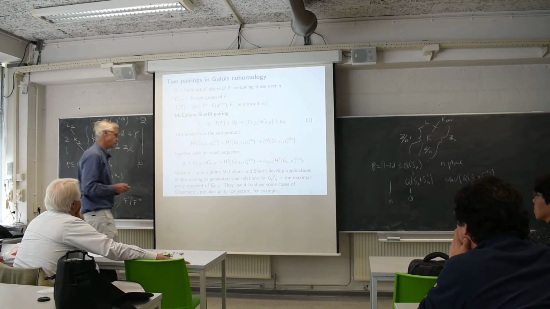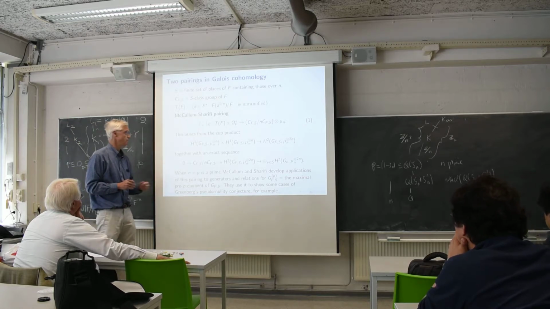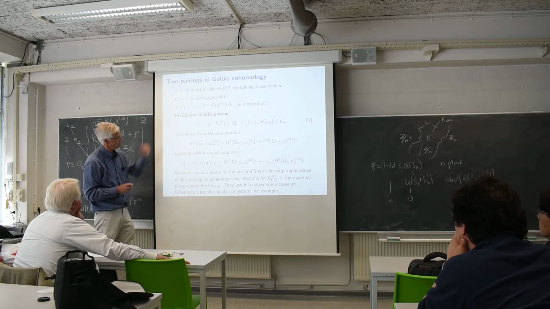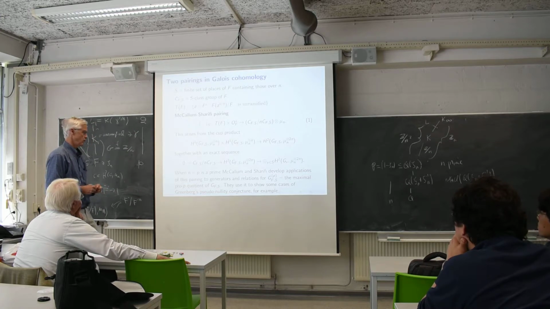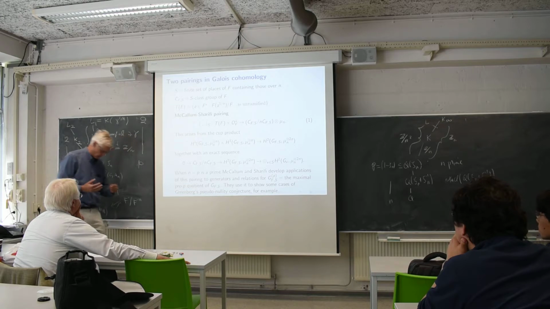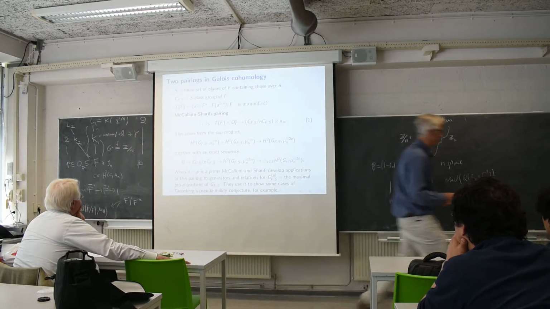Okay, so what are some consequences of this? When you take n to be a prime p, they analyze how you can use this pairing to understand generators and relations for this module. And there's a conjecture that Ralph Greenberg made, Greenberg's conjecture, since it's a really important thing.